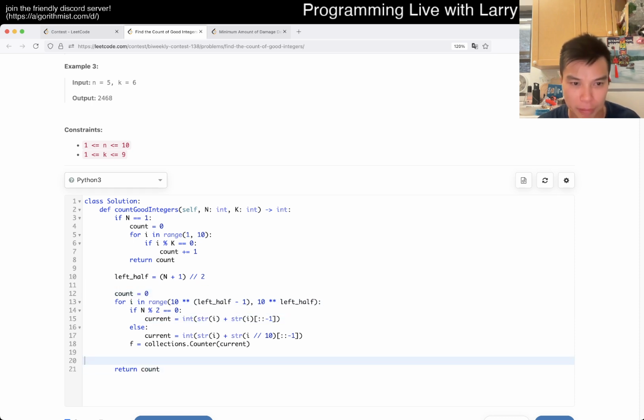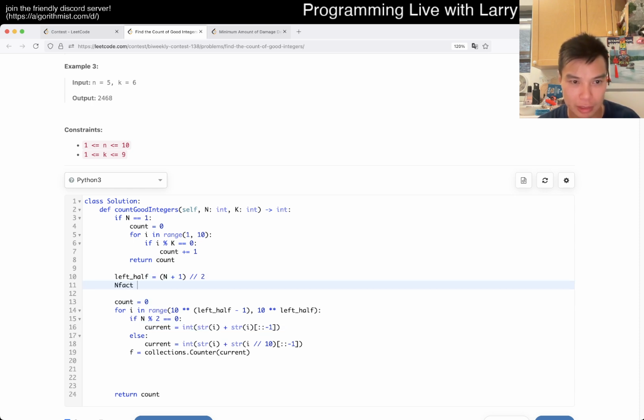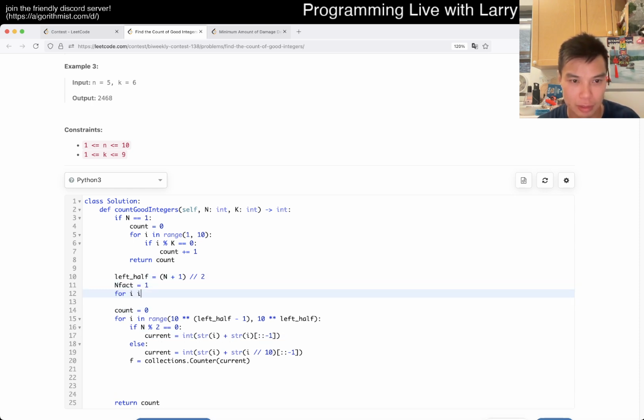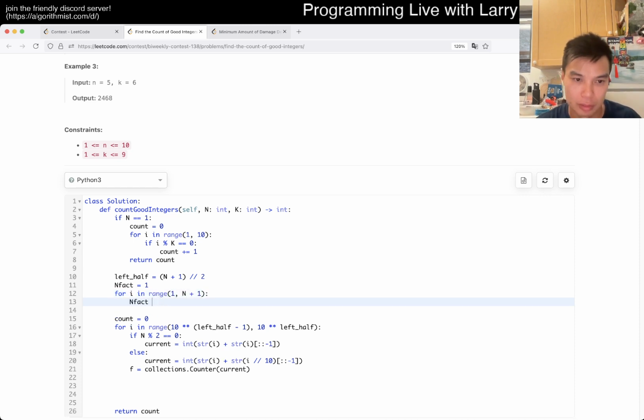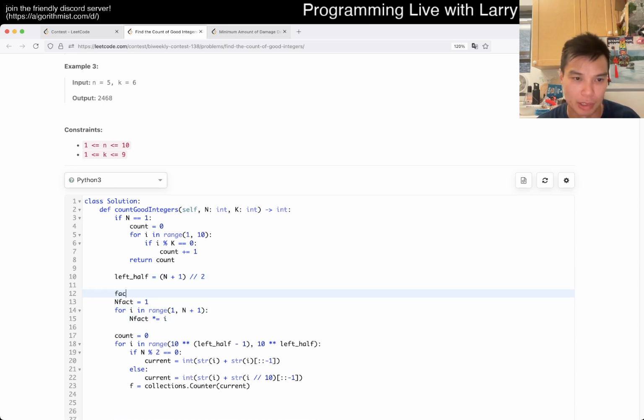I just kind of misread the problem. So then now we have n factorial. Okay, let's just write n factorial, n fact. Or maybe we just have factorial in general.